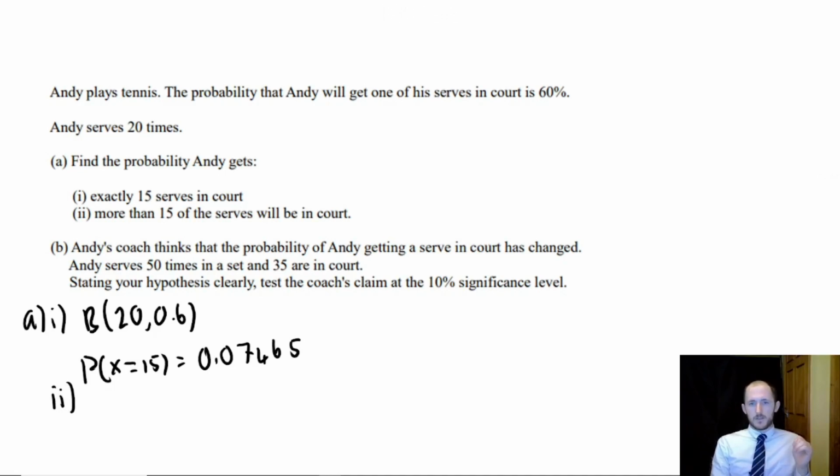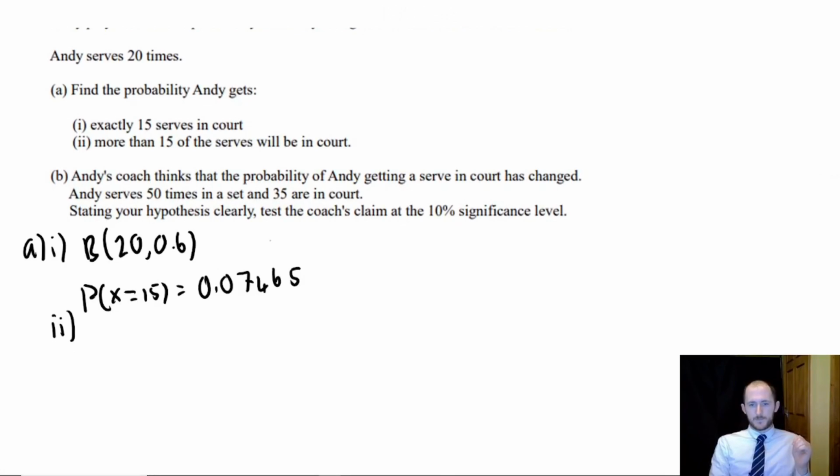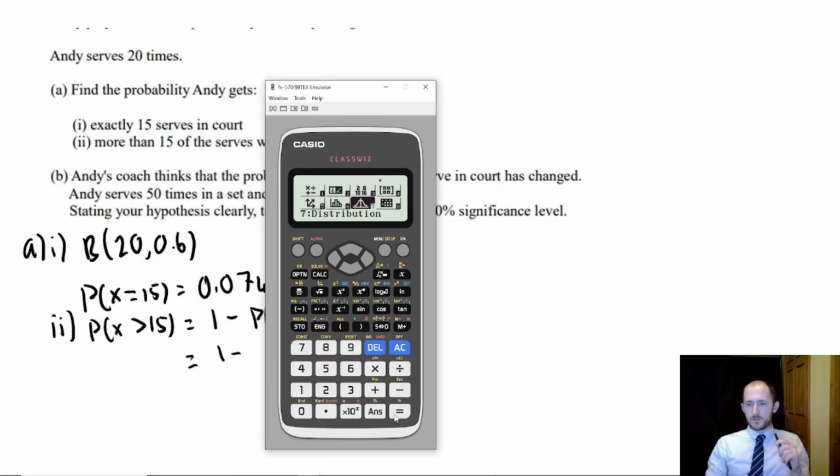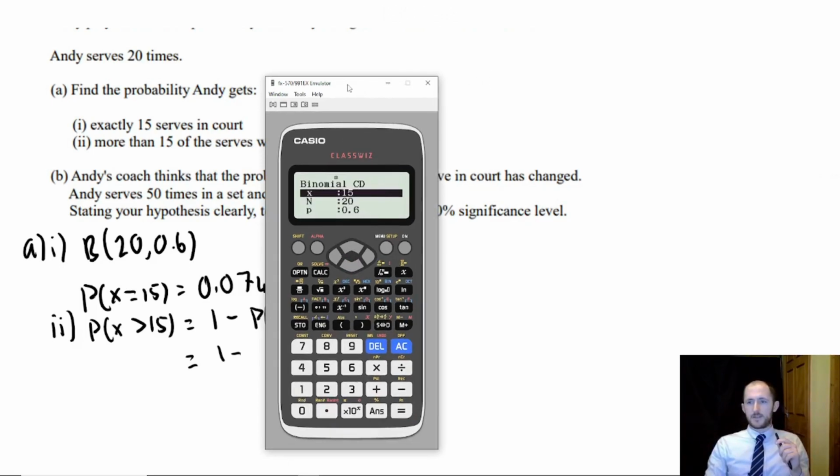Part 2. More than 15 of the serves will be in court. Equal to 15. So, now we're going to go over to the cumulative distribution. And hopefully it's saved the stuff. Yep, it saved the stuff for us, that's handy.